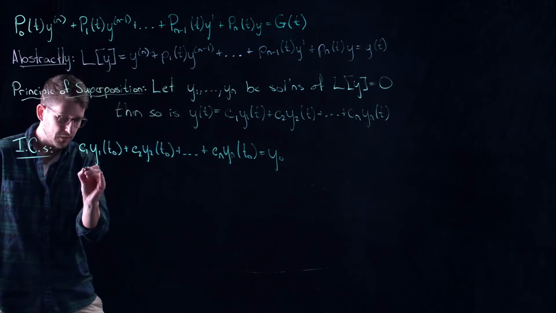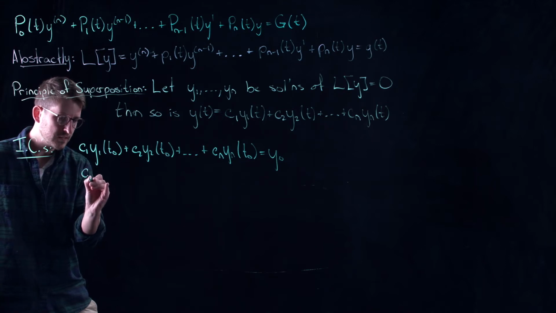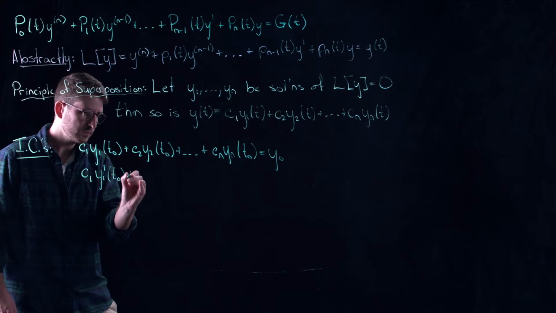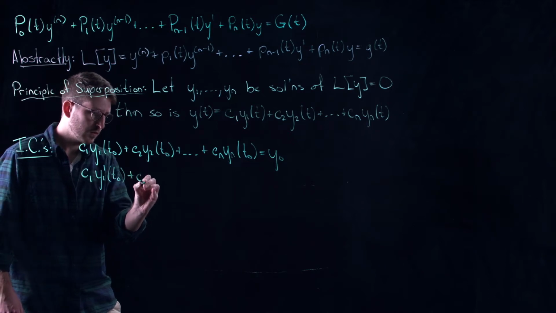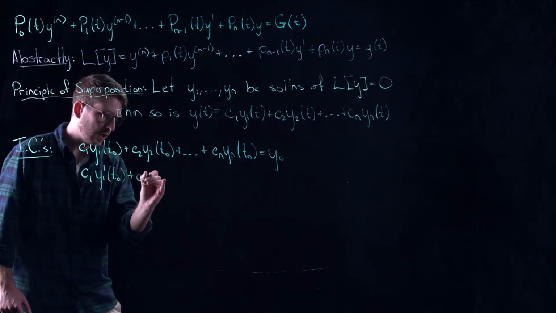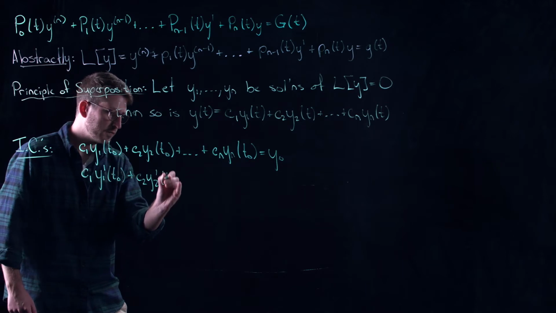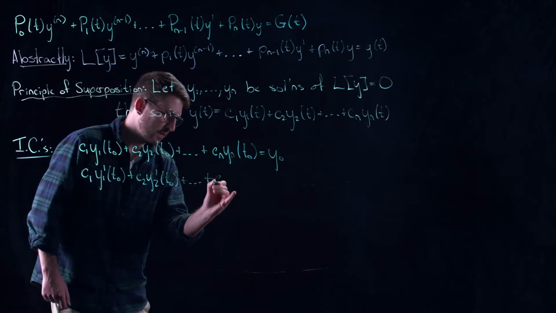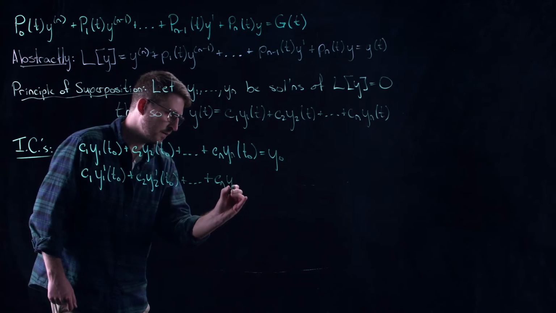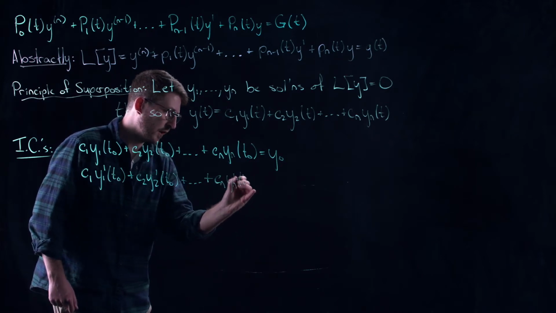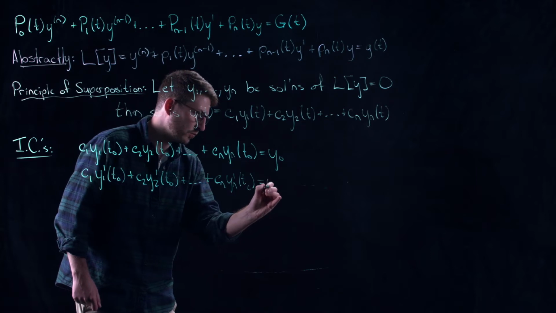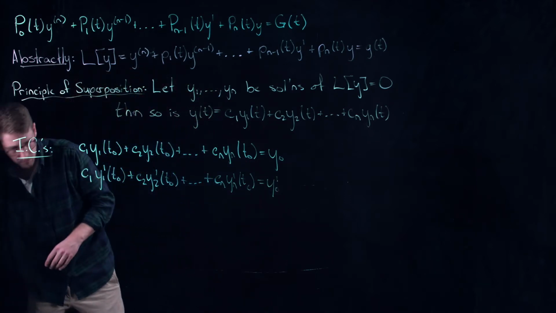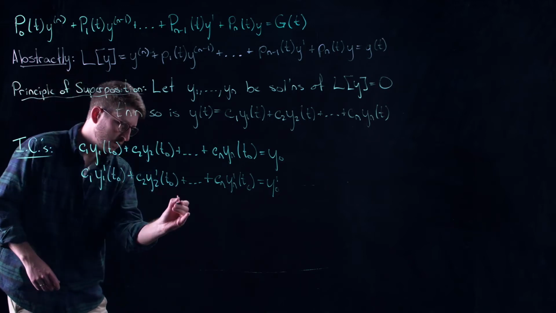Okay, let's do it for the derivatives. Hopefully you can see where I'm going, right? C2 y2 prime of t naught plus Cn yn prime of t naught is equal to y naught prime. And I'm going to switch colors here because my marker is not doing well.